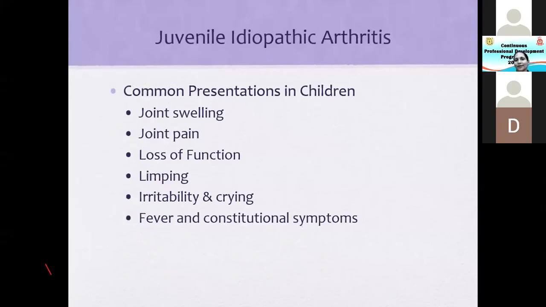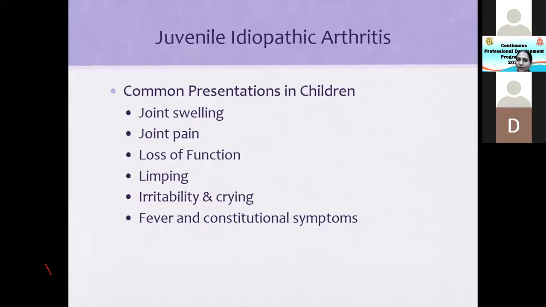Now, very quickly, because we do not have designated pediatric rheumatology as a subspecialty, we would be dealing with juvenile idiopathic arthritis very briefly. How do these children, now it's children who are presenting with arthritis, how do they present?